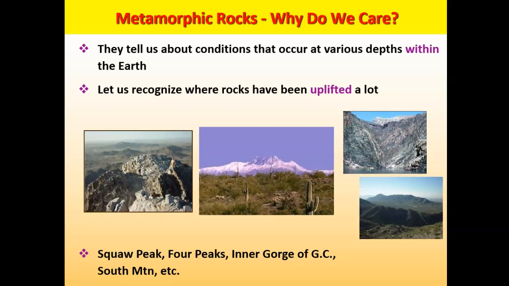So why do we care about metamorphic rocks? Well, just like all the other rocks, they tell us a story. And it's one of the things we want to pull out from all of our rocks: what is it telling us about the history of the earth? That's just useful knowledge to understand how things have occurred in the geologic past. Of course, a lot of things lead to other bits of information.